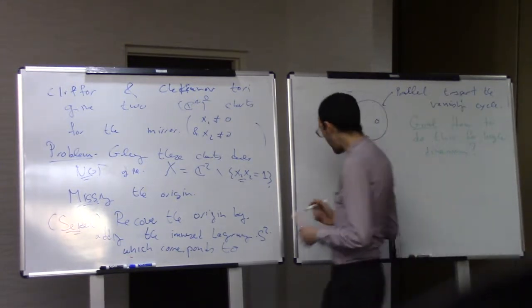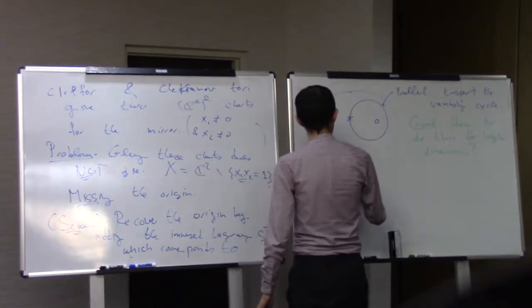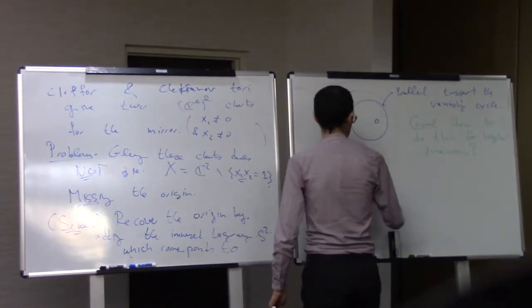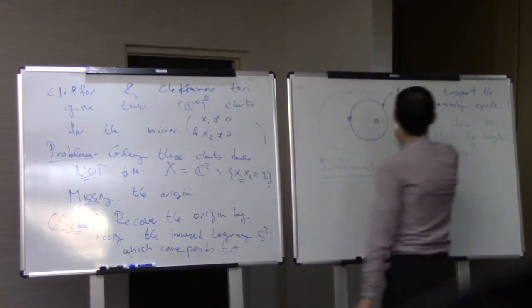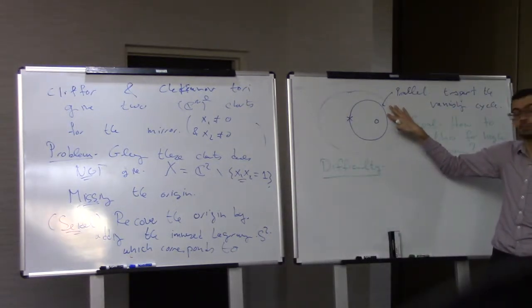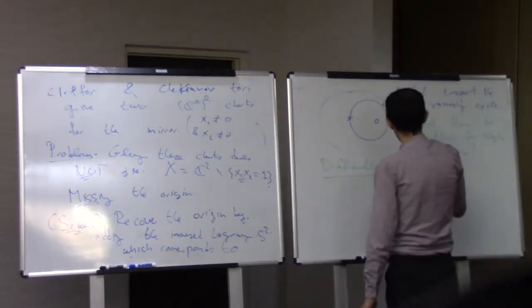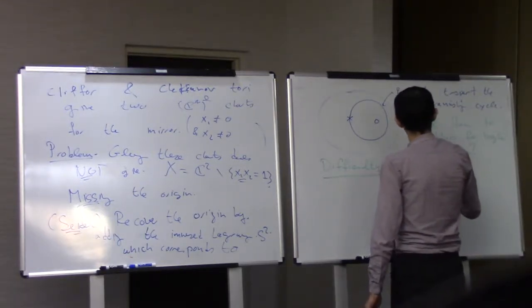And just to indicate the difficulty, the difficulty is going to be that the analog of this construction does not give an immersed Lagrangian, it gives something with worse singularities. Bad singularities.